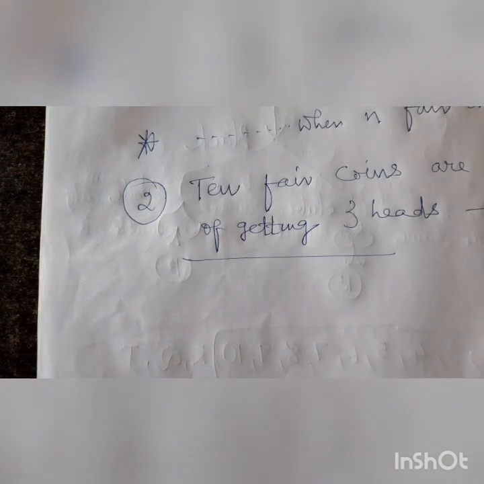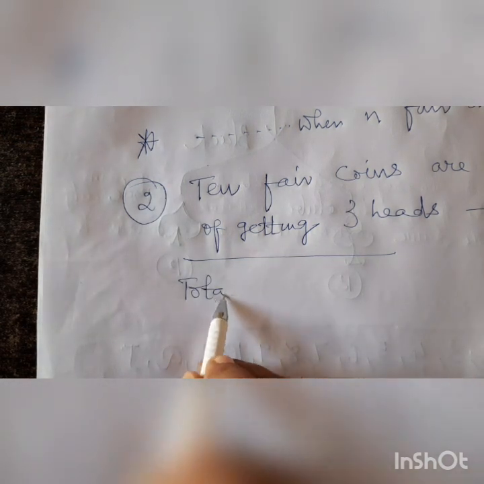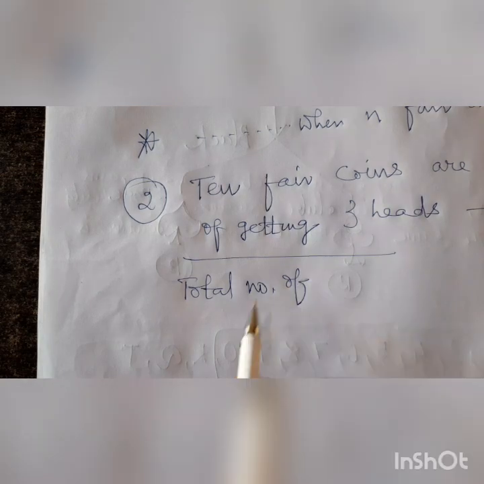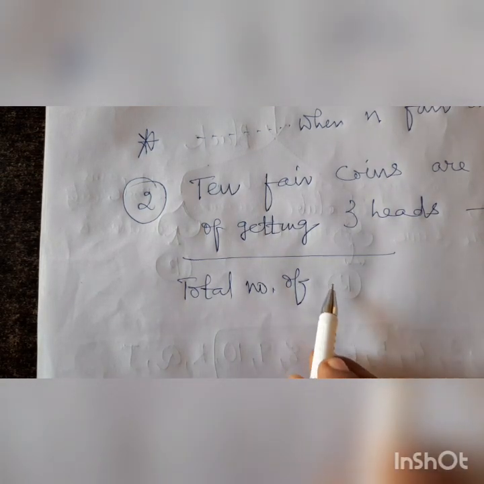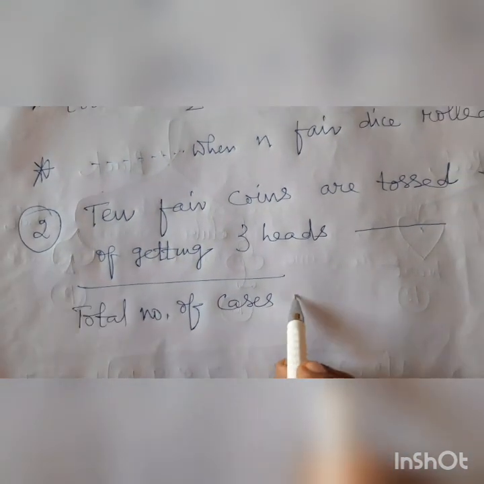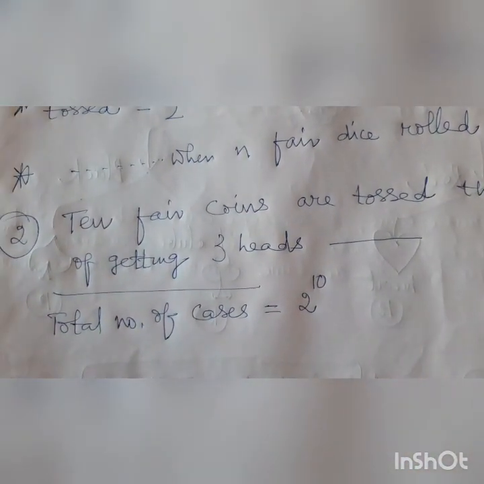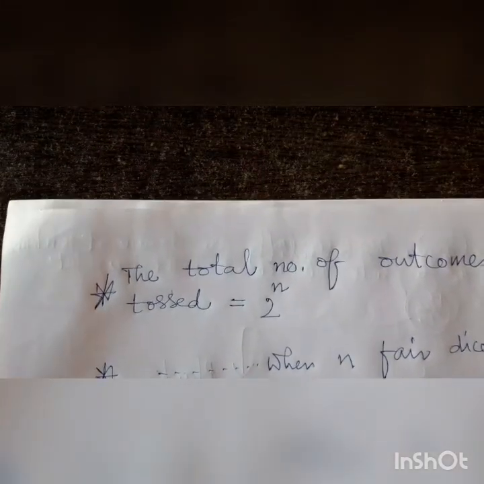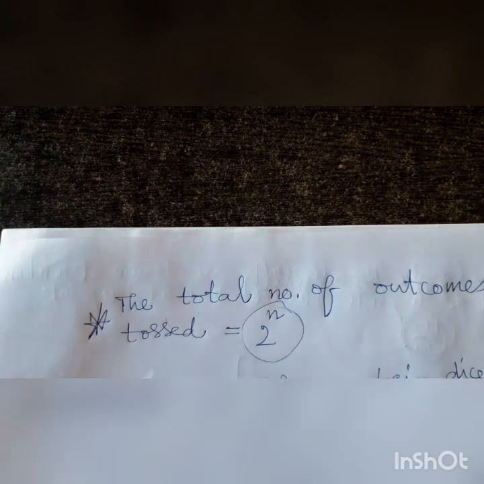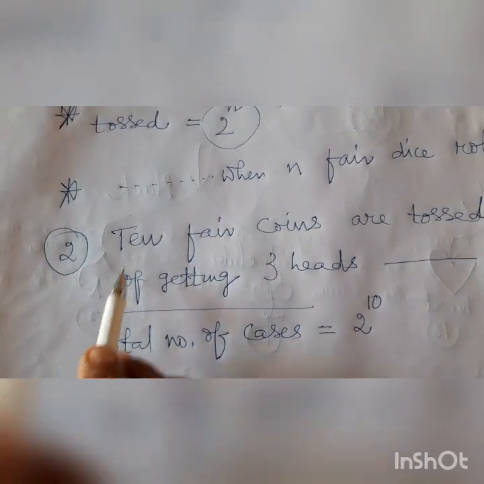Here, the total number of cases equals 2 power 10. We were just given one formula, 2 power n, that is 2 power 10, because 10 fair coins are tossed.